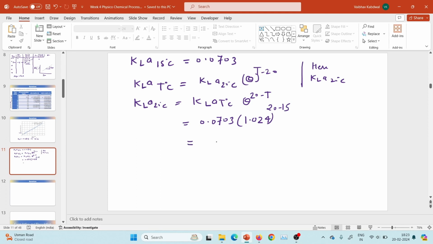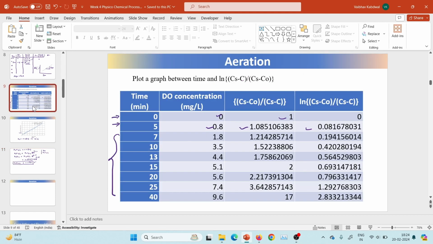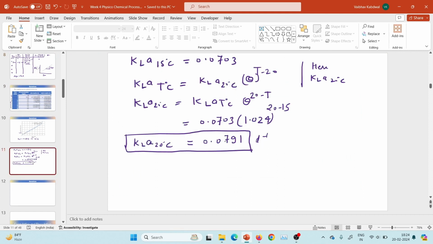So if you calculate, it will come as 0.0791, KLA at 20 degrees Celsius. So here we calculated the KLA value as 0.079. Its unit is time inverse, which here is minute inverse.